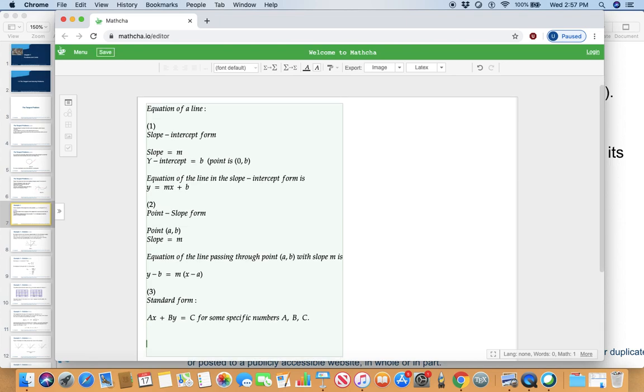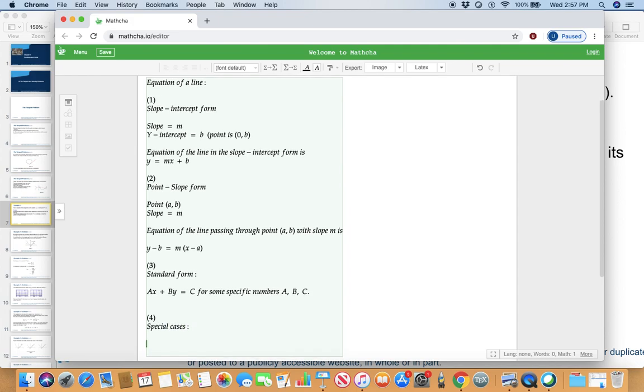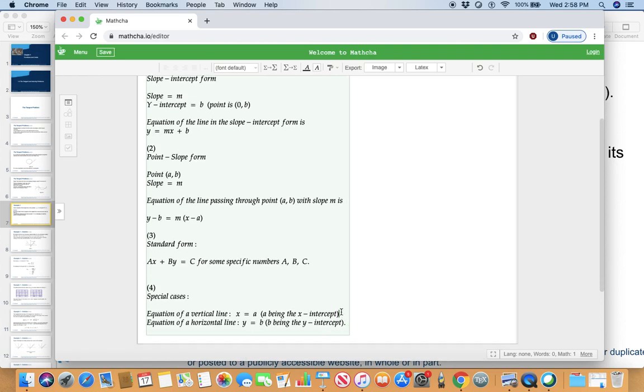That's all. And then there are the special cases. The equation of a vertical line is x equals some number a, a being the x-intercept. The equation of a horizontal line is y equals some number b, b being the y-intercept. So these are the various forms of equations.